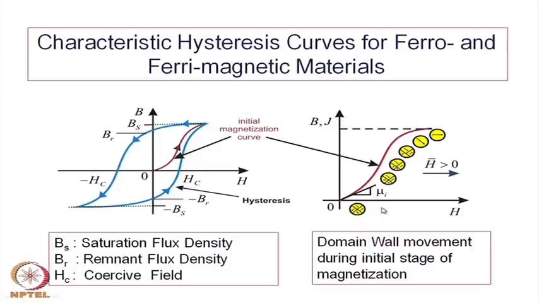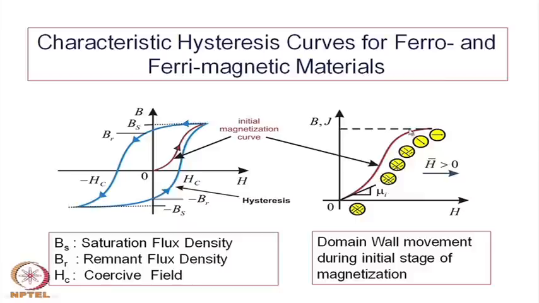And as we apply the magnetic field, the domain starts moving, the domain wall starts migrating in such a way that all the magnetic moments slowly try to align themselves with the direction of the magnetic field, that is in this direction. So, more and more domains follow this particular orientation, or in other words, the domains with favorable orientation try to grow at the expense of unfavorably oriented domains.